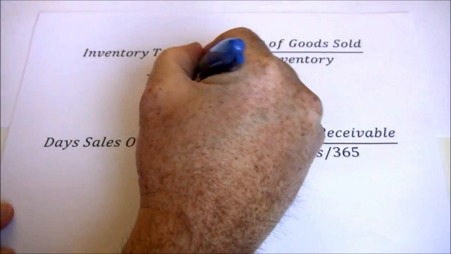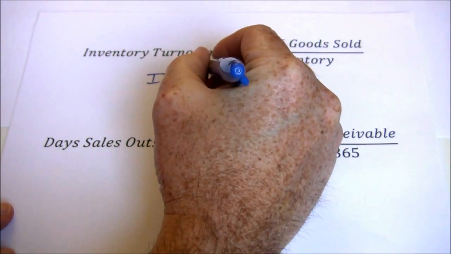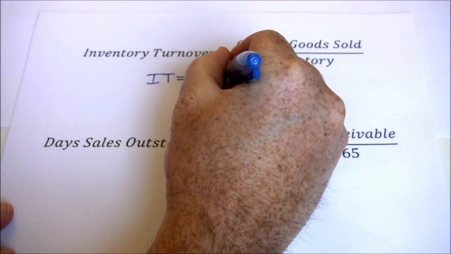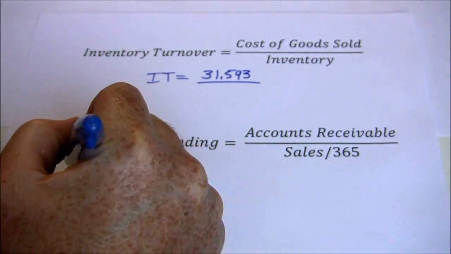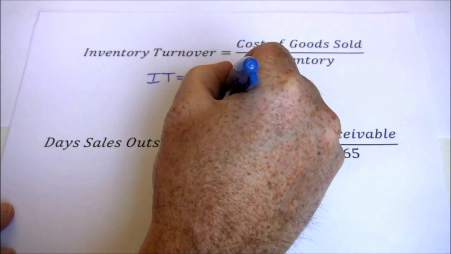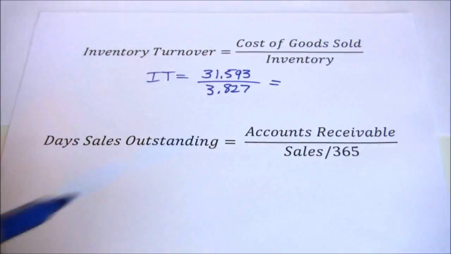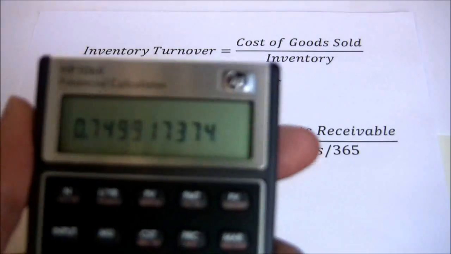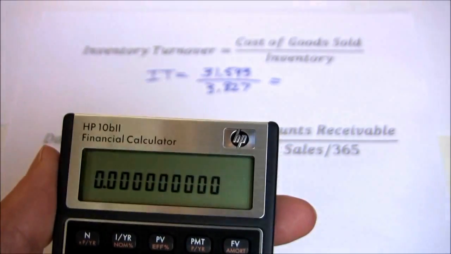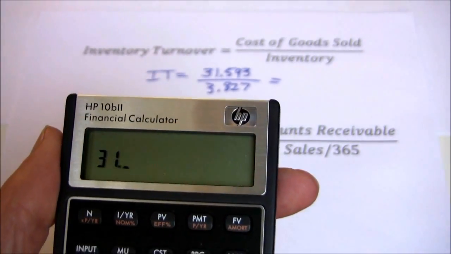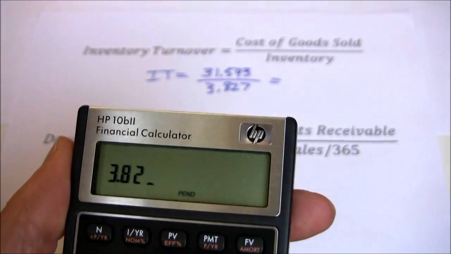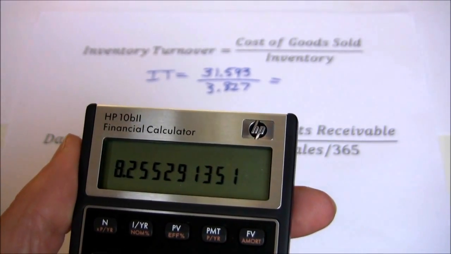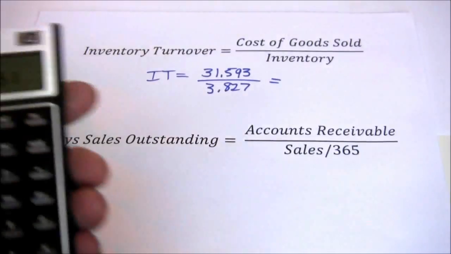Our inventory turnover is equal to the cost of goods sold, which we said was $31.593 billion, divided by the inventory, which we said was $3.827 billion. Go ahead and do that calculation. 31.593 divided by 3.827, and that gives us an inventory turnover ratio of 8.26.